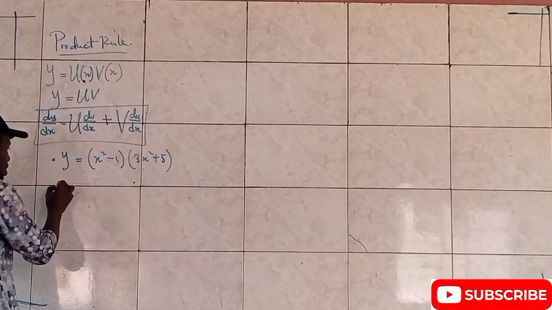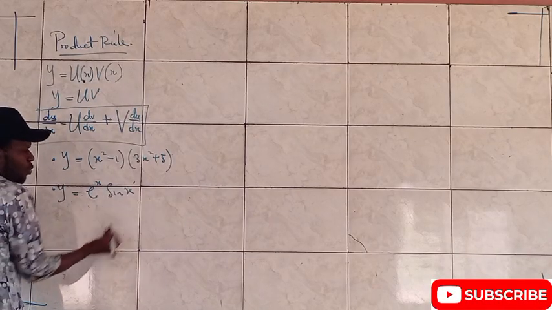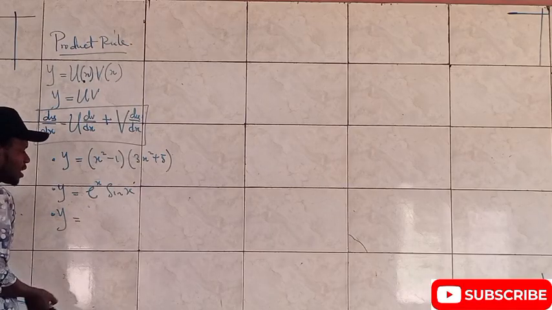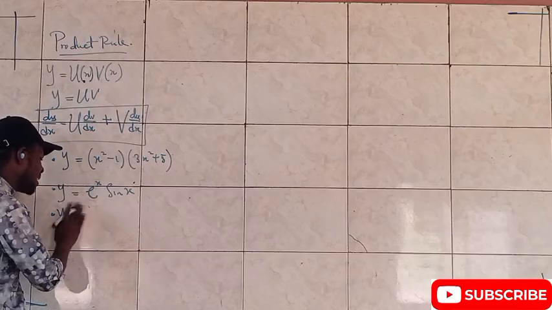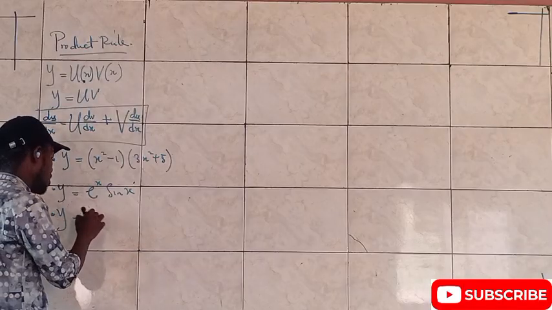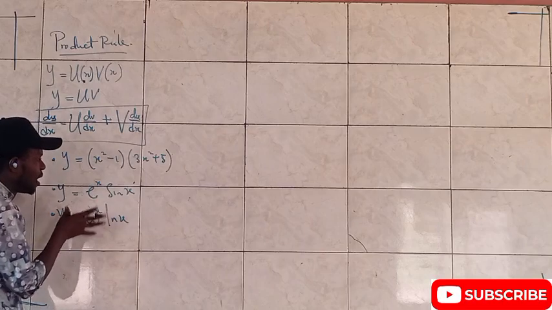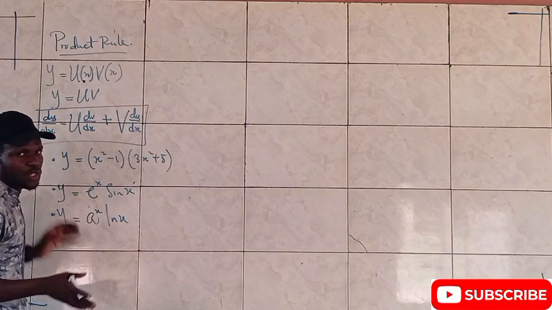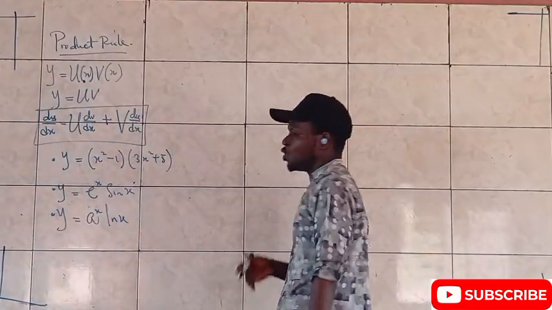I have another function, say y equals e raised to power x times sine x. This is product rule. I have another function, any function that can map themselves. Think of one, say a raised to power x times ln x. All of these are still applicable. Product rule is still applicable in all of these questions. So the moment I have a function of this form, what I do is product rule.